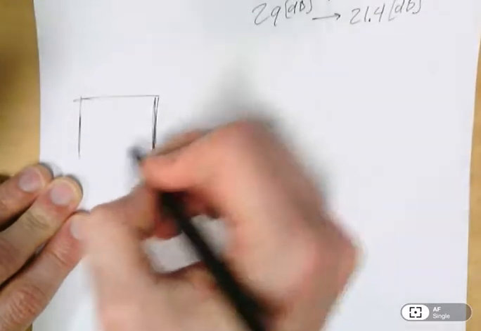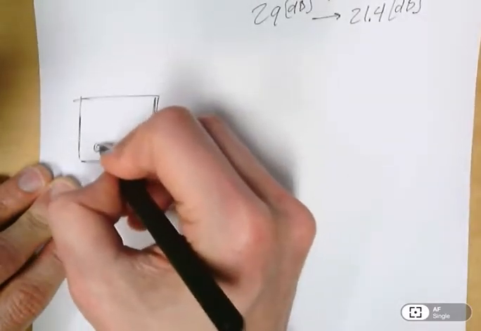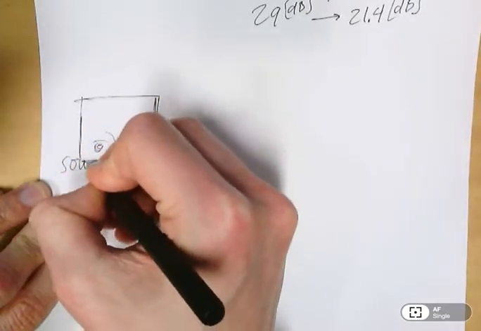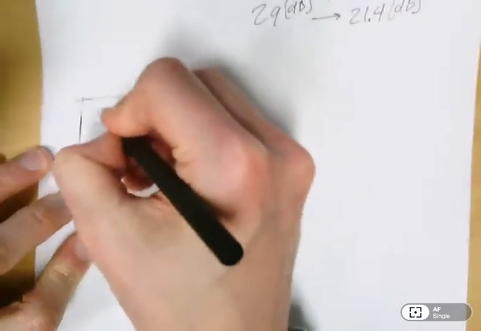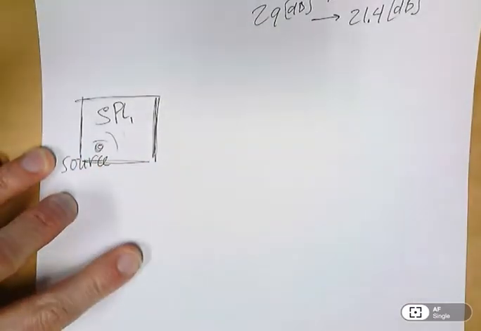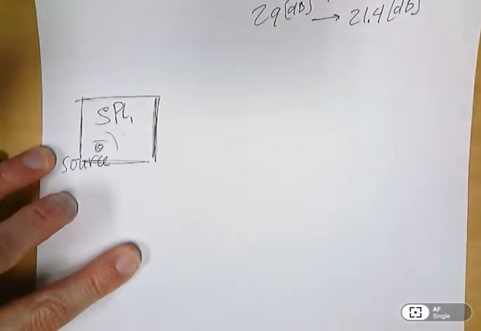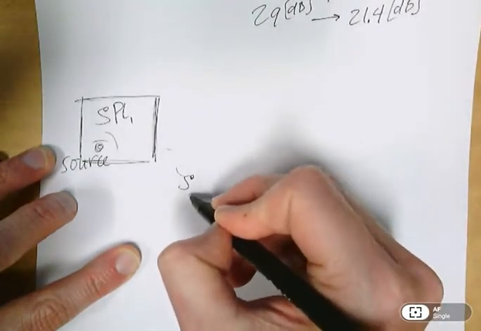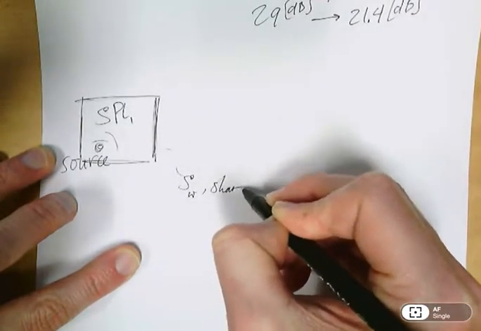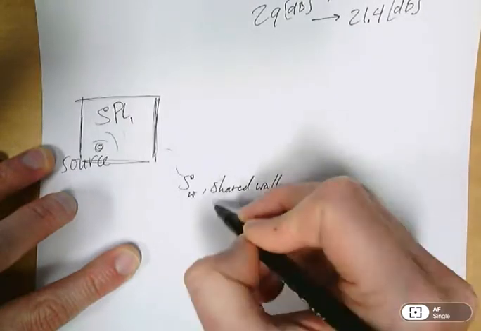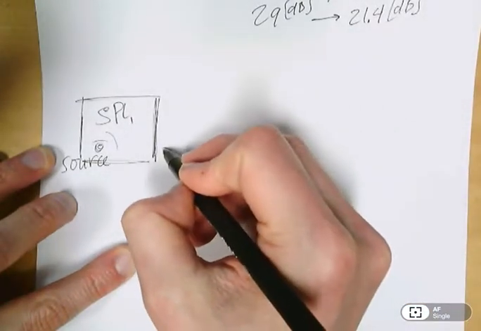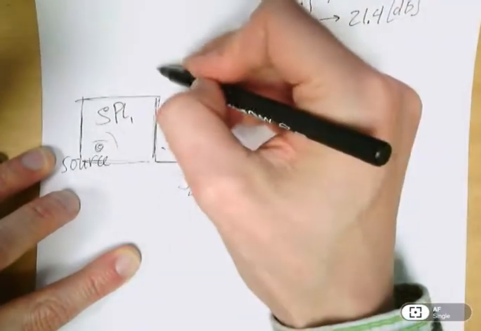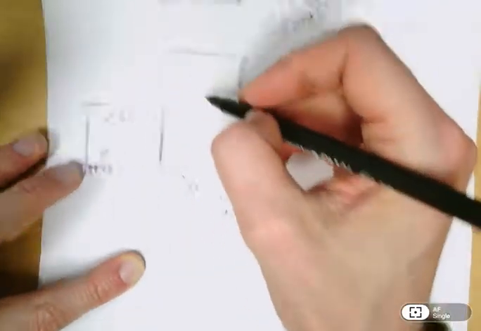We have a source that leads to an SPL1 in some source room that has a shared wall to a second room where the SPL is denoted SPL2.